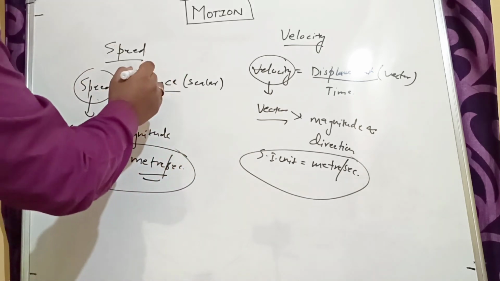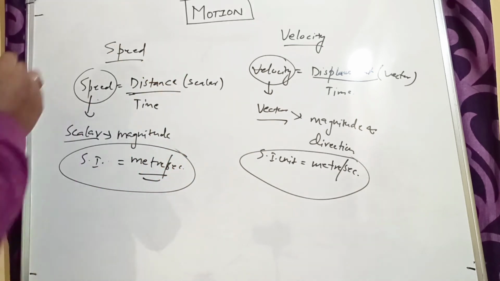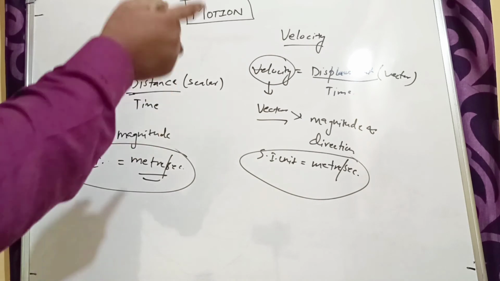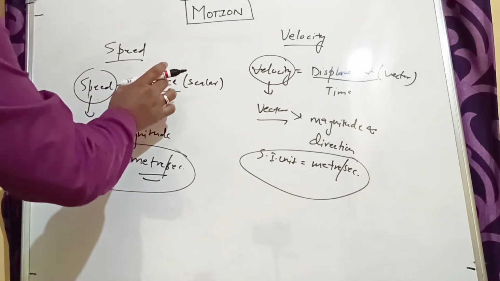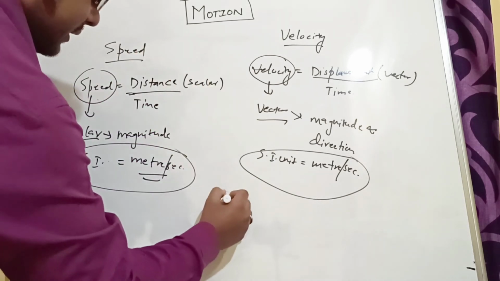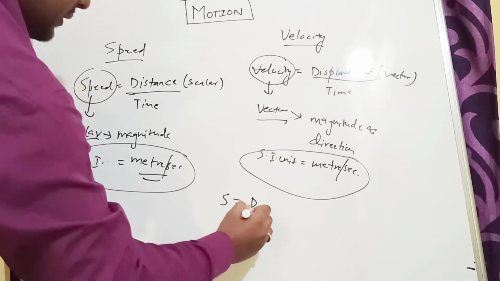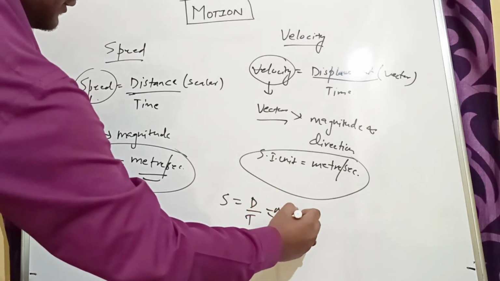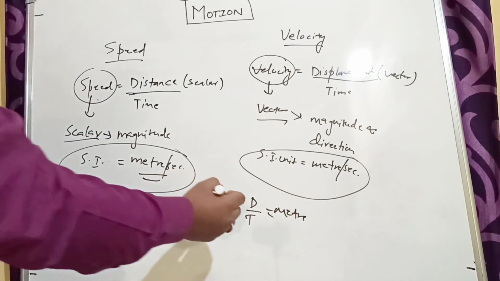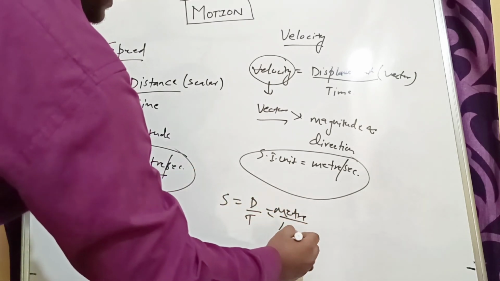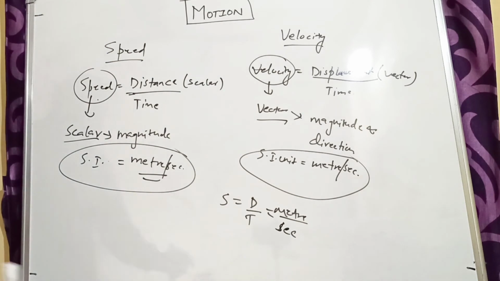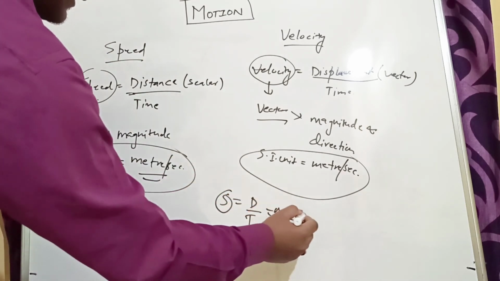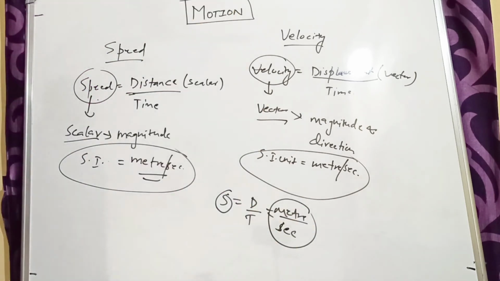Speed is distance upon time. The SI unit of distance is meter and the SI unit of time is second. Therefore the SI unit of speed is meter per second.